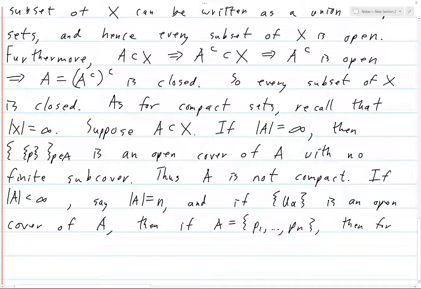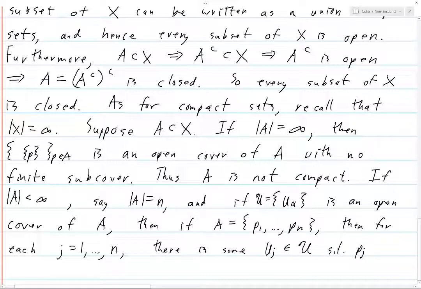Then for each j, j equals 1 through n, there is some, here I'll call this open cover fancy U, there is some Uj in fancy U such that Pj is an element of Uj.